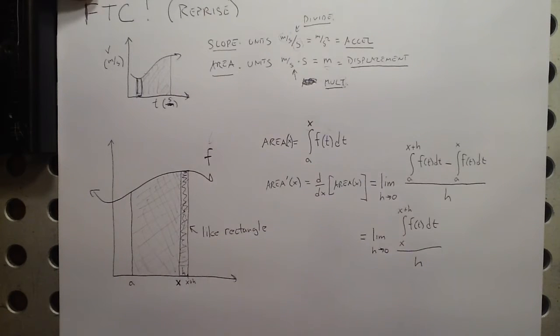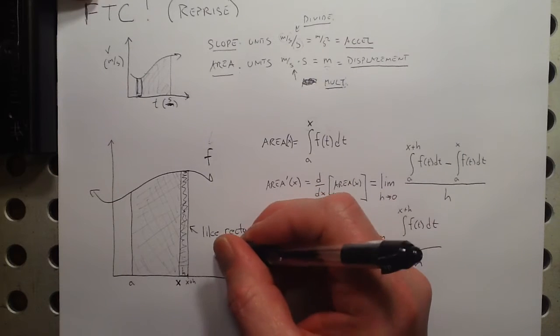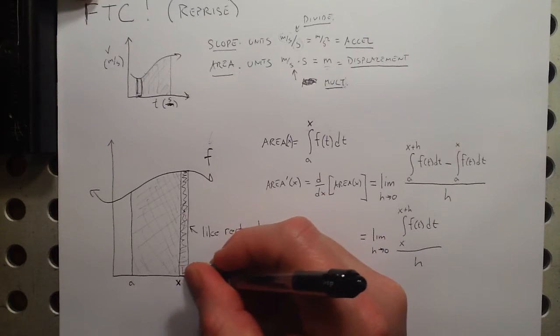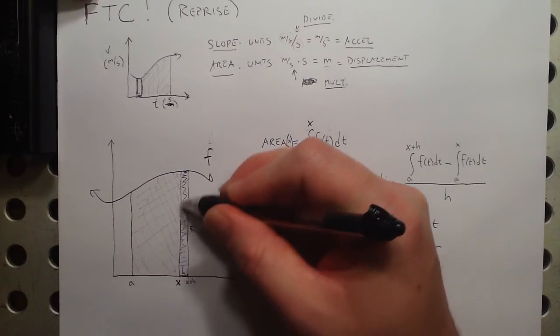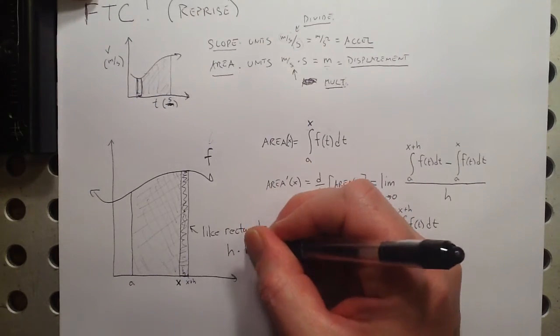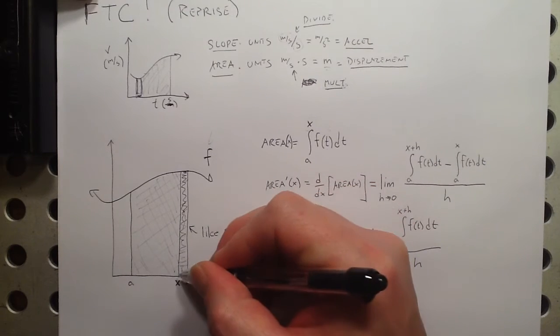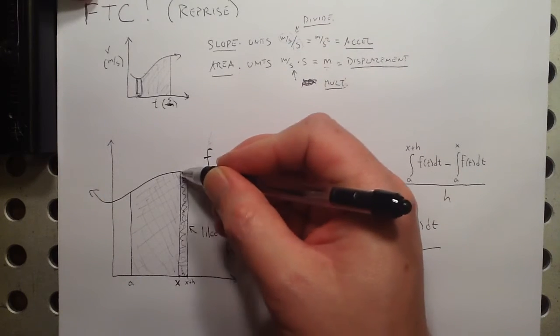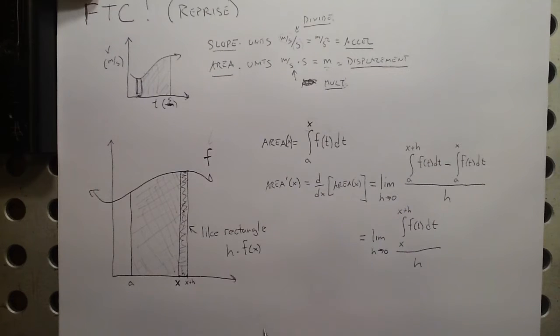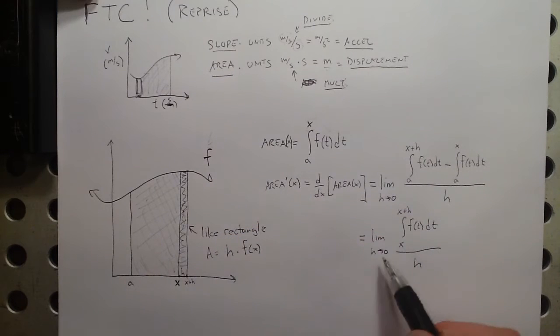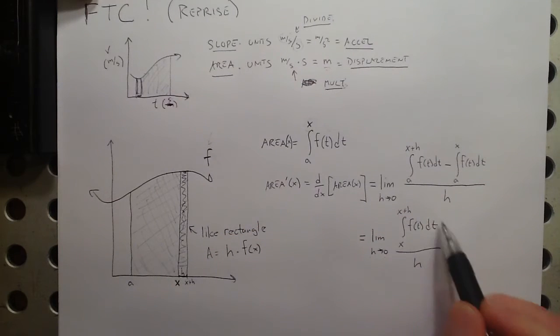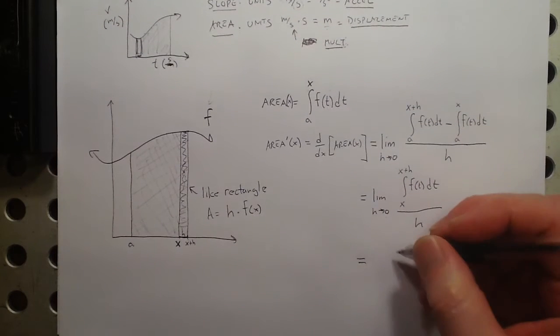The dimensions of this rectangle would be h wide times f of x tall. This would be the height of the rectangle, the value of the function at x. So it's like a rectangle with this area.